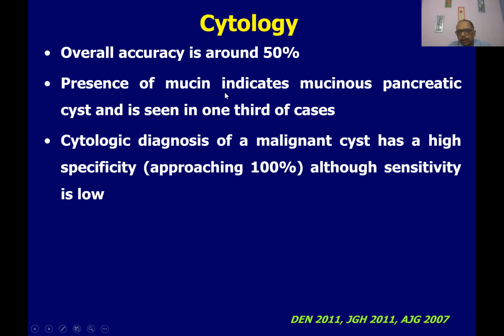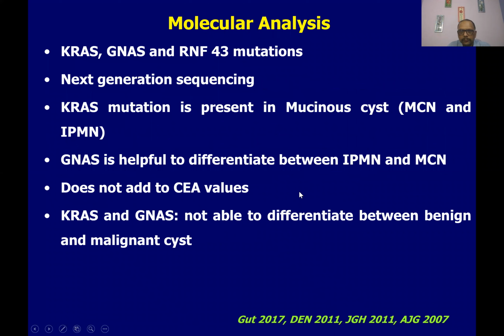Presence of mucin, although it indicates a mucinous pancreatic cystic lesion, is seen in only one-third of patients with mucinous cysts. And then cytological diagnosis of a malignant cyst, although it has a very high specificity, has a very, very low sensitivity.